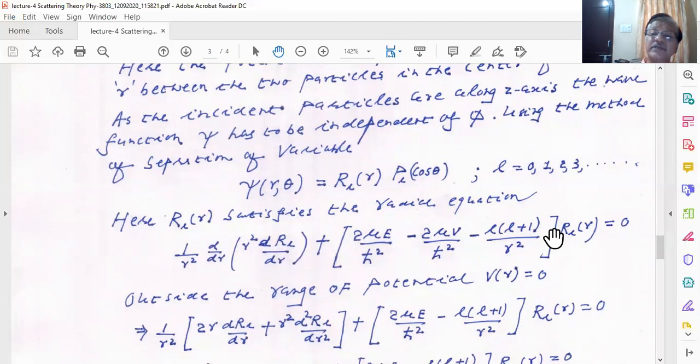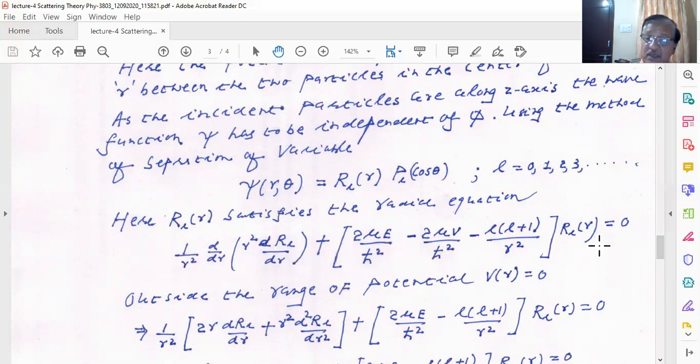This is the radial equation and we have to solve this radial equation because V(r) is not 0. The particle is experiencing a potential produced by the target particle or target particles. So in that case, we have to solve this Schrodinger equation.